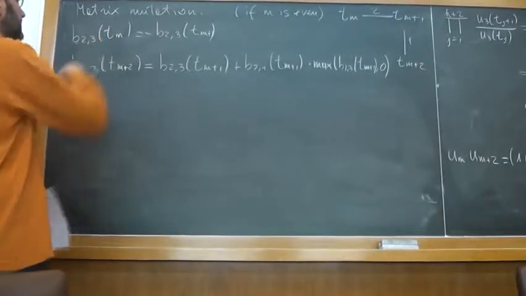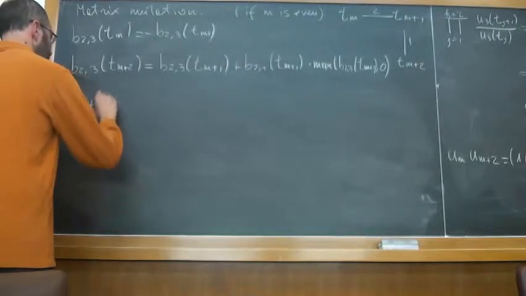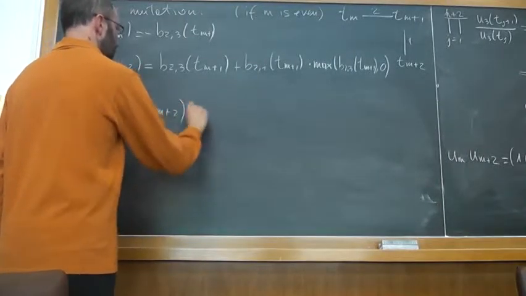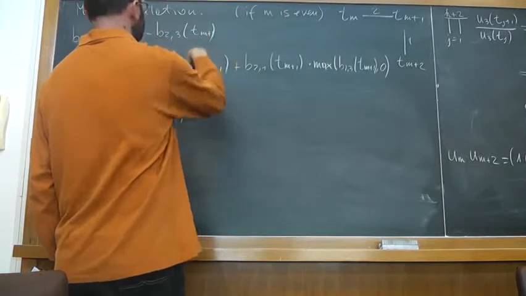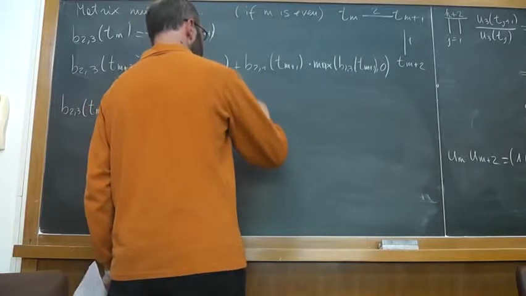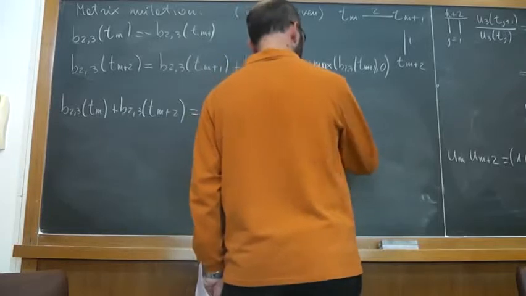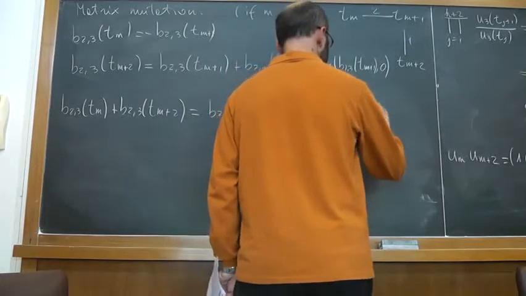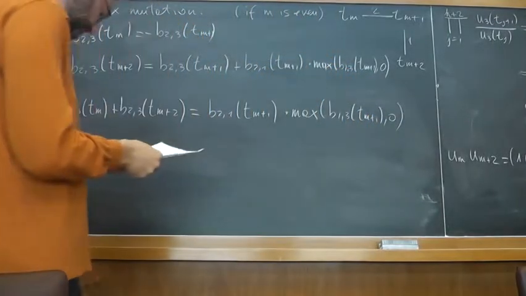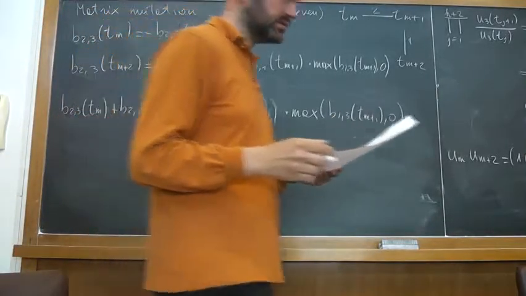So, we sum up these two relations, and we obtain B23 of Tn plus B23 of Tn plus 2. These two cancel. So we have B21 of Tn plus 1 times the maximum of B13 of Tn plus 1 and 0. Yes.